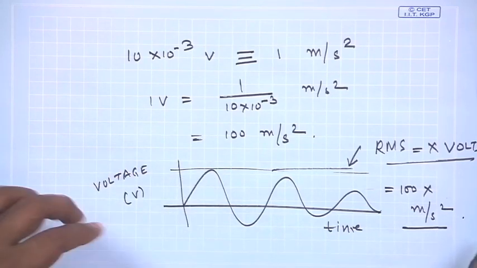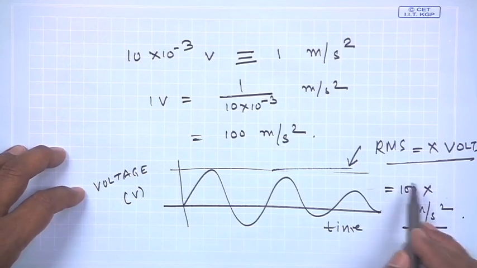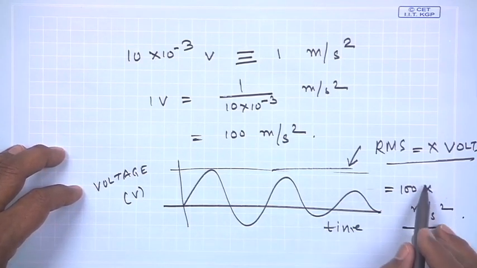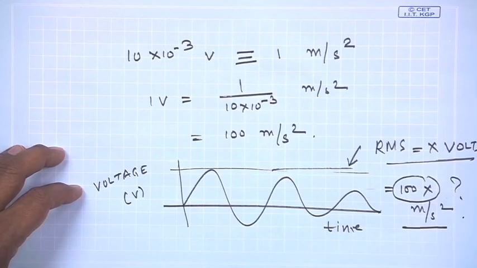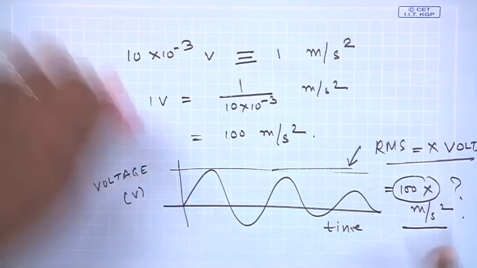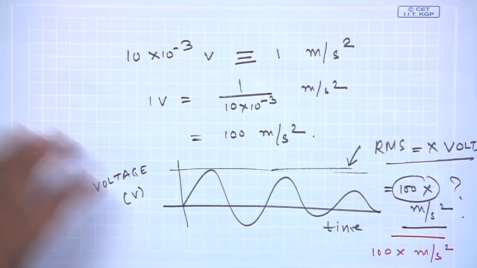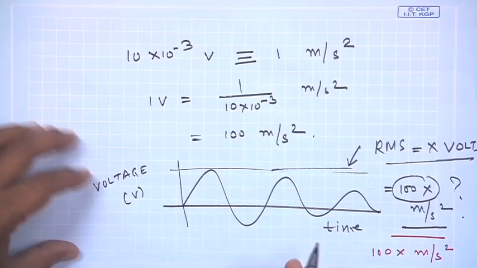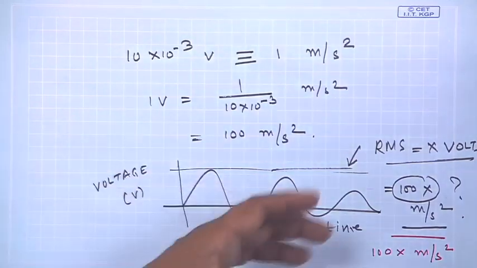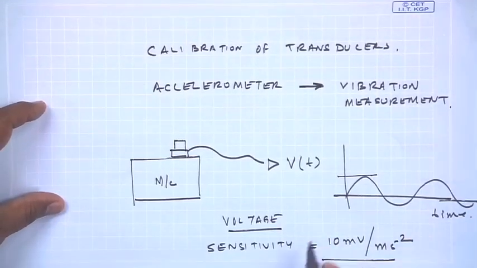Now, whether this is correct or not, how do I know? Whether this value, 100 X meters per second square, is correct or not is a problem I will be encountering, because the data we relied on was this sensitivity here.